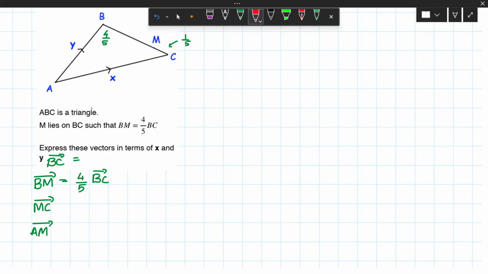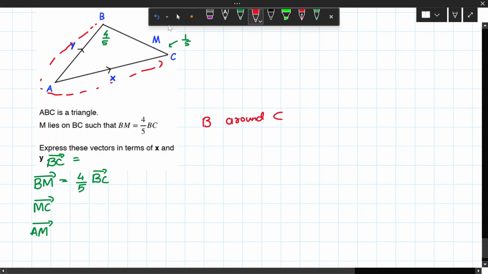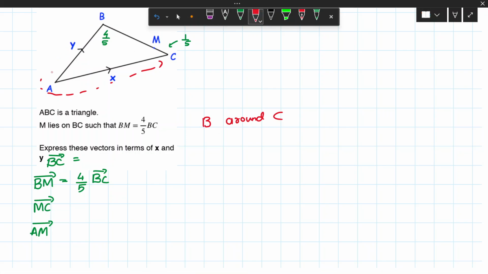If I have to find BC, I have to go from B towards C. In vectors, we always tend to go around. So we're going to go around from B towards C. All you've got to remember is, because you are going in the opposite direction, y is going up and I am going down, so I am collecting a negative y on my way.